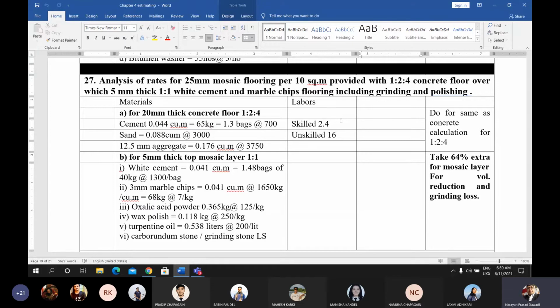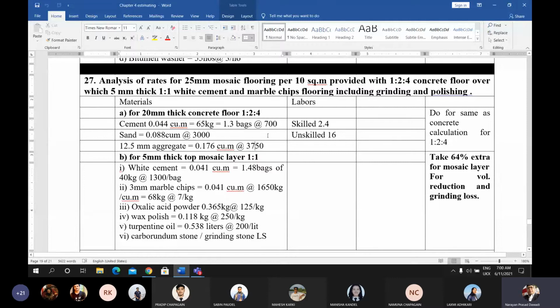For 20 mm thick concrete floor, the area is 10, 10 into 0.02, you will get the volume of the concrete, provide 54% extra, and divided by 7, you will get the cement, the sand, and the coarse aggregate. 12.5 mm aggregate is used. For 20 mm thickness, 12.5 mm aggregate can be used, or 10 mm aggregate can be used. In this way, you have to provide the rate of each and every material.